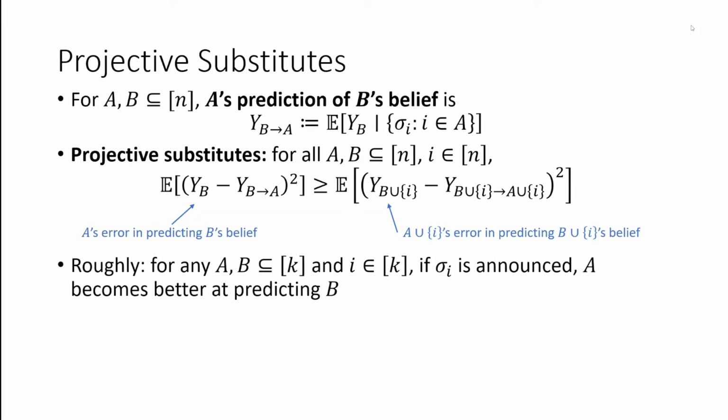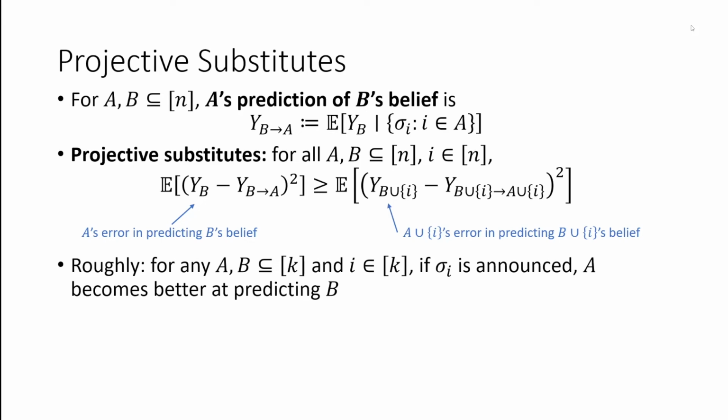Projective substitutes, on the other hand, consider something broader, which is how well a subset of experts A can approximate the belief of a subset of experts B. And what I mean by that is if all of the experts in A pooled their signals, how well could they predict the expectation of y conditioned on all of the signals of the experts in B?